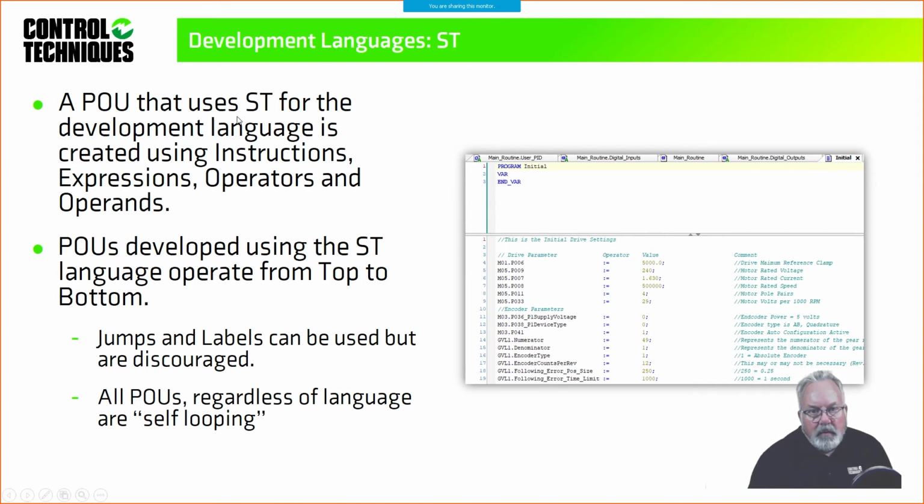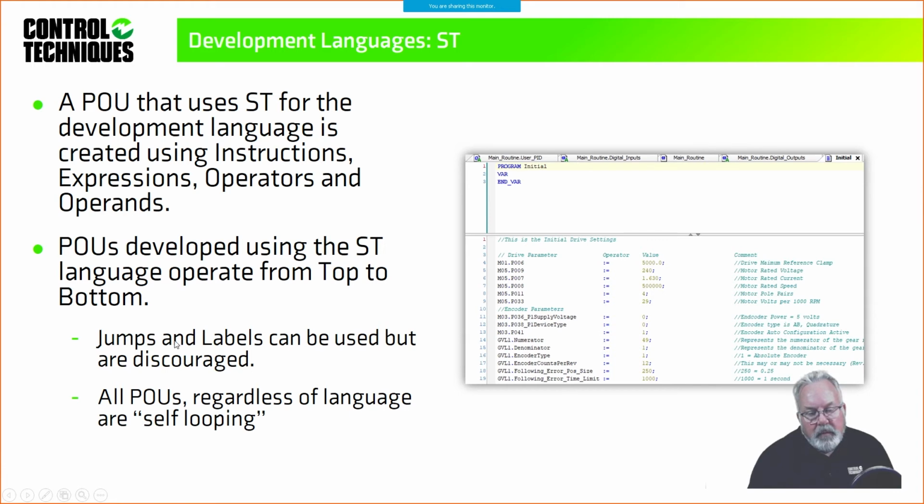So a POU that uses structured text is created using what's called instructions, expressions, operators, and operands. POUs using structured text operate from top to bottom. Now, if you've used structured text for other things or maybe other industrial machinery, sometimes you have to include code to make it loop, to go to the top, things like that.